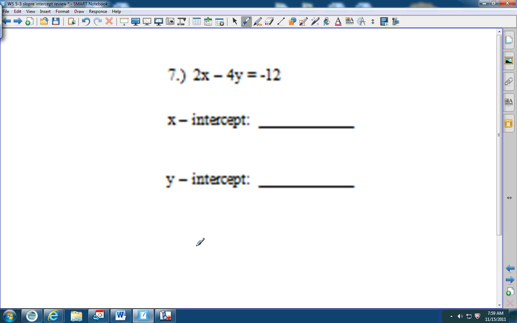Next one. Pause that video and see if you can find the x and the y-intercepts. Remember, the x-intercept has a y number of 0. The y-intercept has an x number of 0. To find the x-intercept, I'm going to cover up the y. I get 2x equals negative 12.